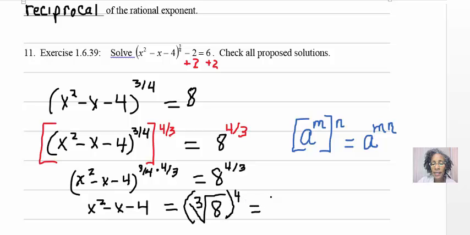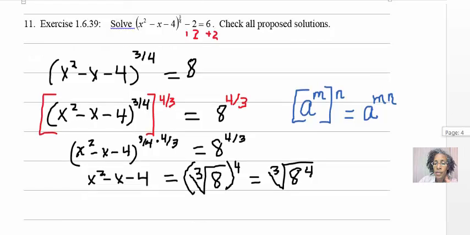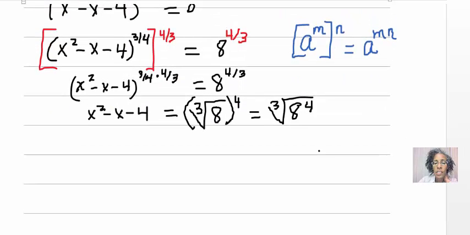I could also look at that as taking the cube root of 8 to the 4th. So which one do I do? I do whichever one is easiest, and it's easiest to do what I wrote first. It's easiest to take the cube root of 8, which is 2, and then raise that to the 4th power.